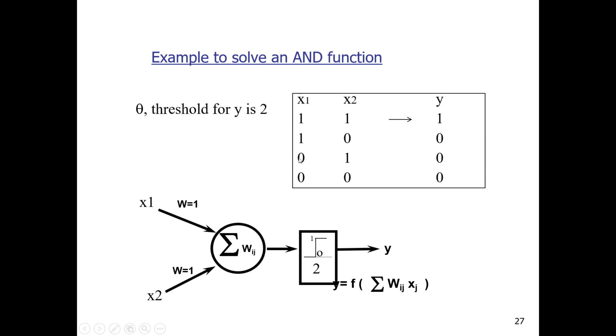How about the third one? 0 multiplied by 1 plus 1 multiplied by 1 equals 1. 1 is less than 2, the output is 0. Correct. The last data, 0, 0: 0 multiplied by 1 plus 0 multiplied by 1 equals 0. 0 is less than 2, so the output is 0. So this setup is a correct McCulloch-Pitts neuron to fit our AND data.